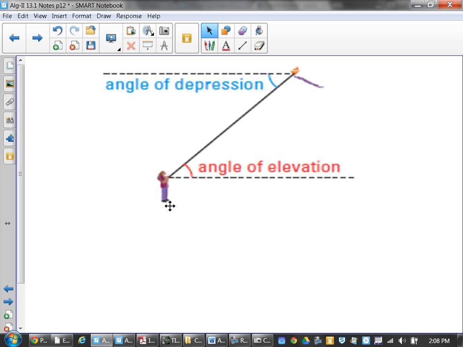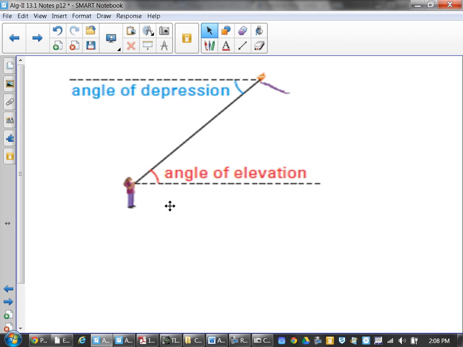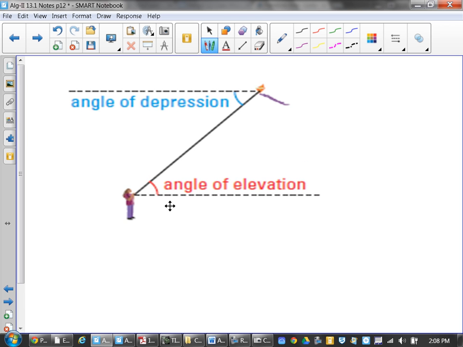Now, again, when you're looking up towards an object, this angle of elevation is off the horizon going up. This is your horizontal distance. An object that you're looking at also has some imaginary horizontal line that happens to be parallel to the imaginary horizontal line that you have.